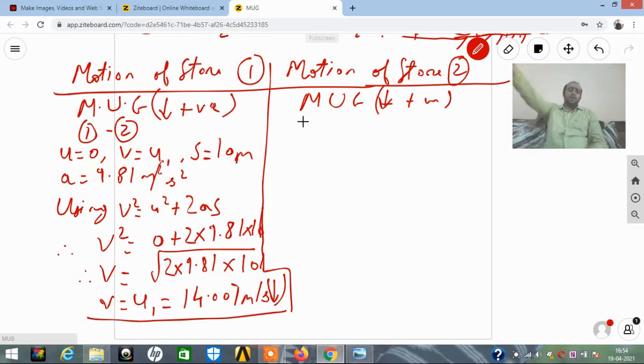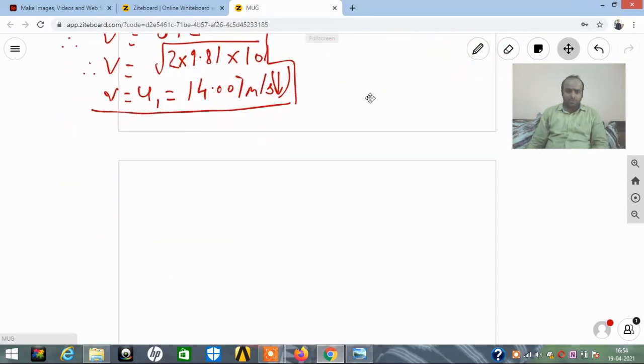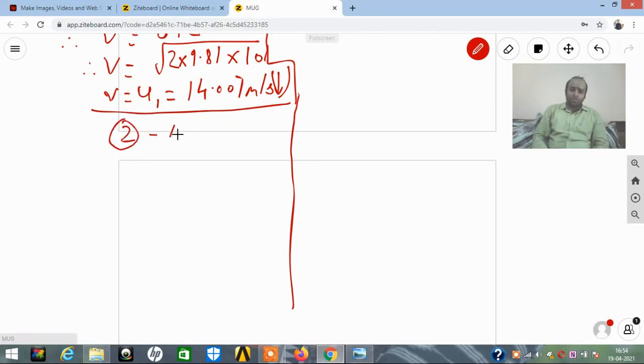Now if I consider motion from position number 2 to position number 4 for the first stone, and position number 3 to position number 4 for the second stone, let t be the time taken by both these stones for reaching the ground.